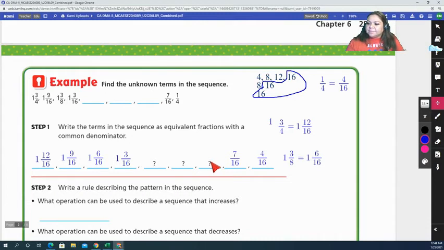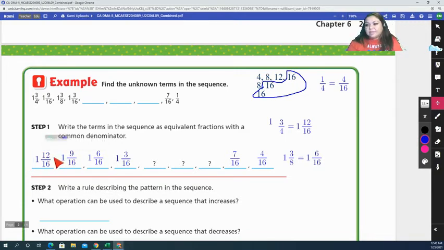Now, my next step is that we need to find the rule that shows the sequence. So what I'm going to do is find the difference between term 1 and term 2. The way I do that is by subtracting. And what I want to do is subtract the biggest one by the smallest one. So which one's bigger, 12 sixteenths or 9 sixteenths? Because both have a whole number. 1 is a whole number. But which one's bigger, 12 or 9?